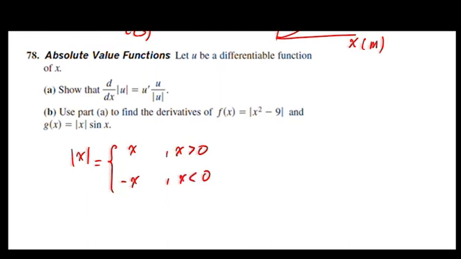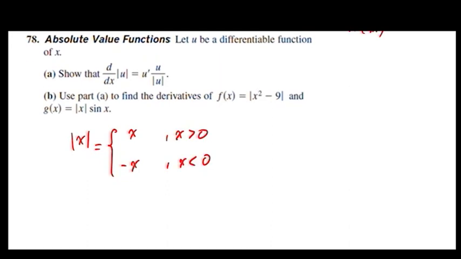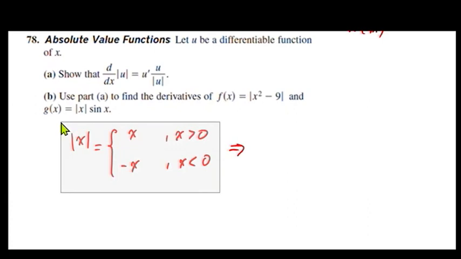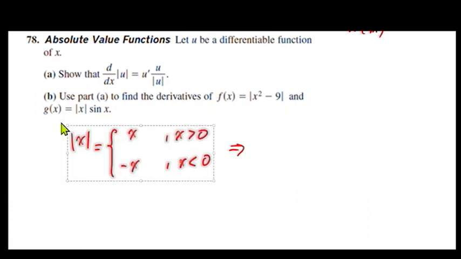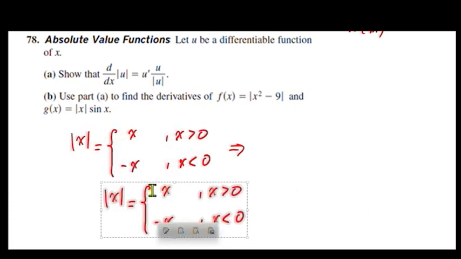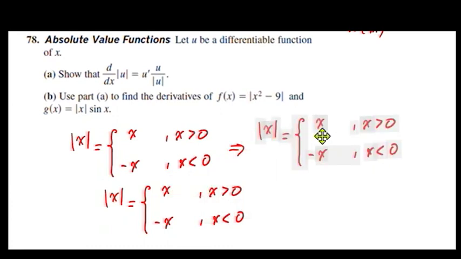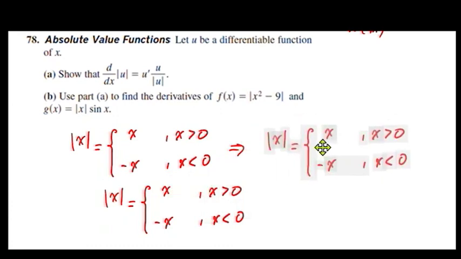That's what gives you the V shape, correct?